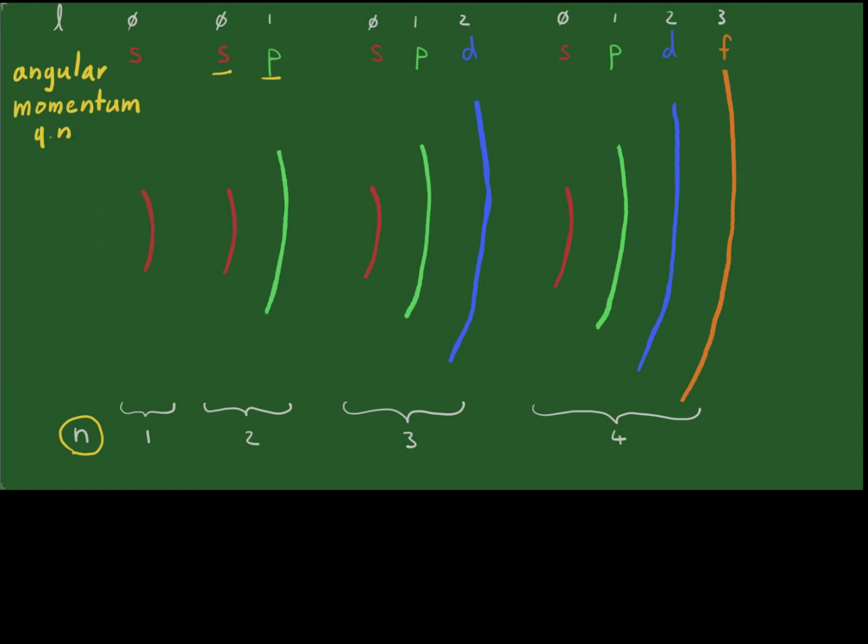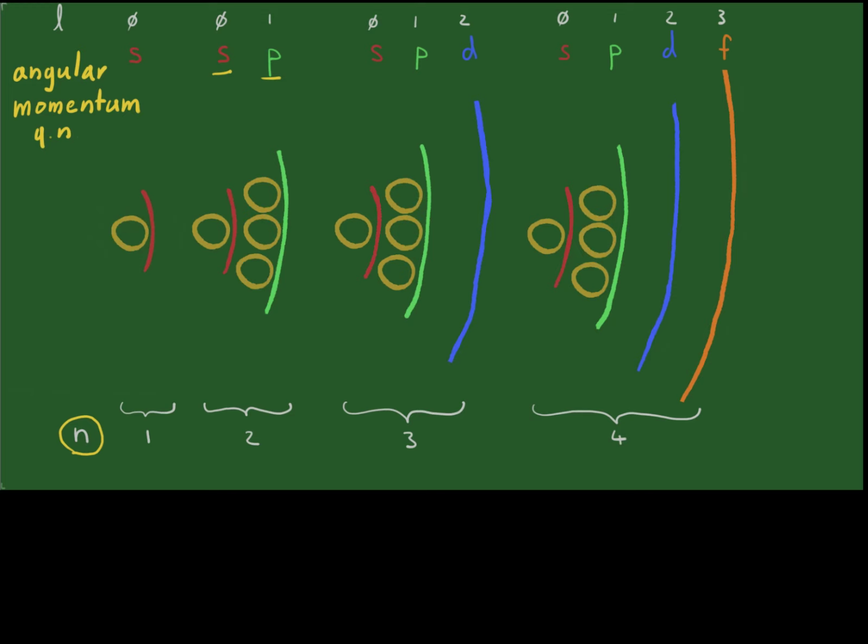However, that is not the end of the story. Each subshell can carry a certain number of orbitals within it. So nestled within the S subshell is a single orbital, an s orbital. Nestled within each p subshell are three orbitals.